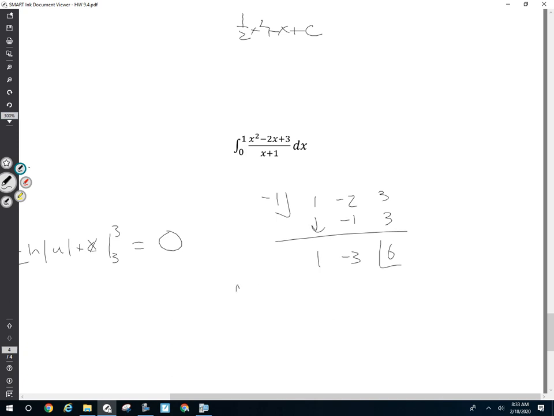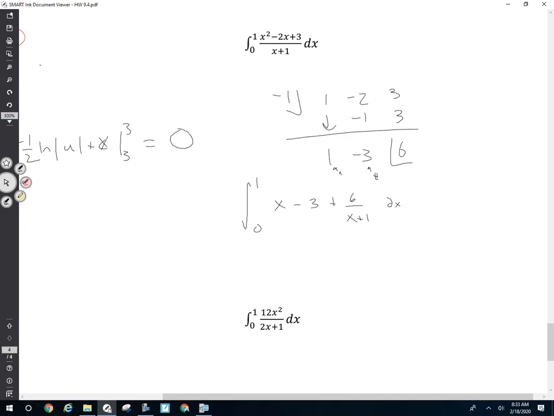So this simplifies. I'm not changing bases, so this is remainder, this is our number, this is our x's. So this is x minus 3, plus 6 over x plus 1. The antiderivative of this would be 1/2 x squared minus 3x plus 6 log absolute x plus 1.